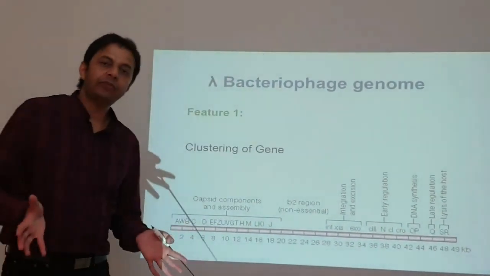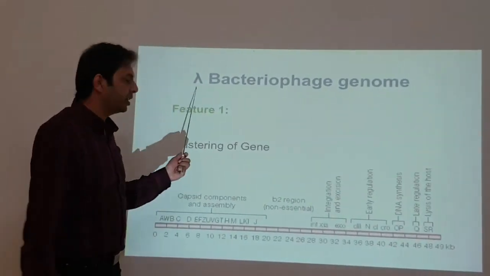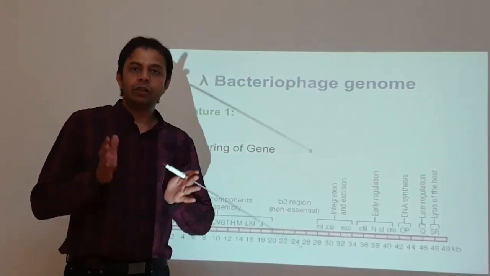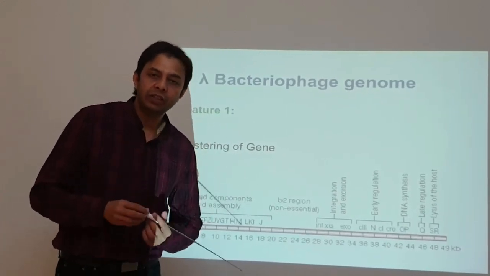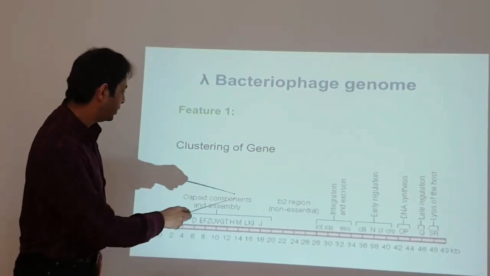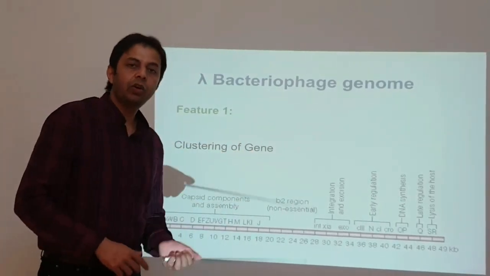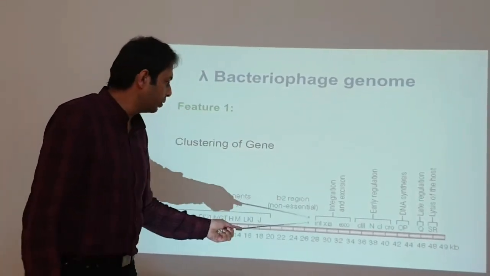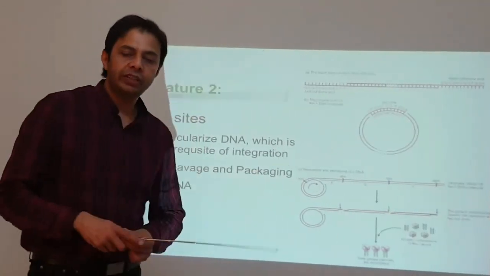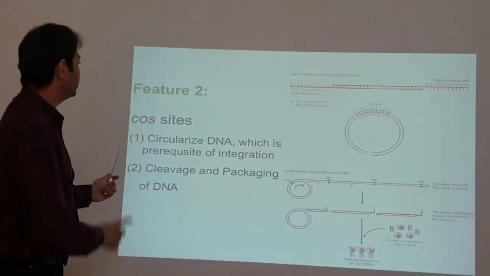So clustering of genes is a very important idea: in Lambda bacteriophage, genes which are related to each other are usually clustered. The capsid genes are in the first 20 kb, and some other genes of the same activity are also together.